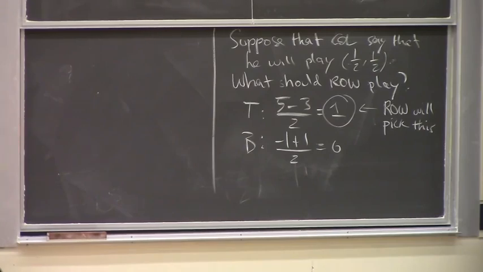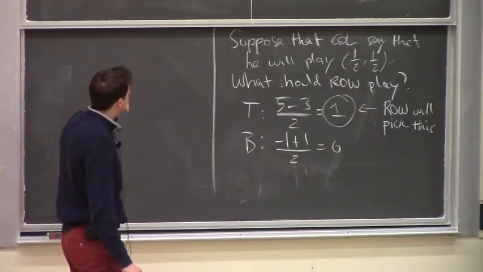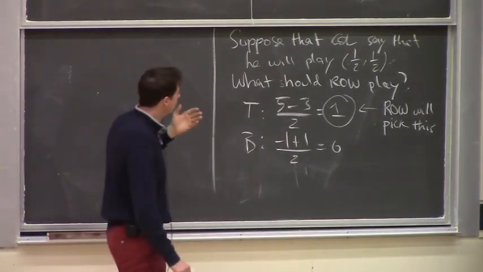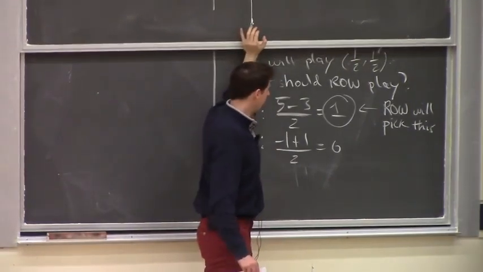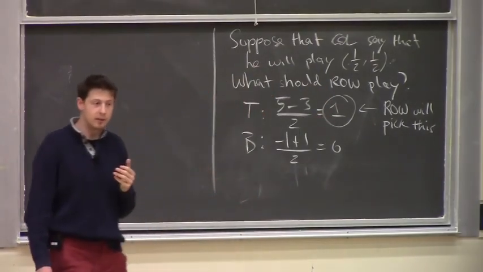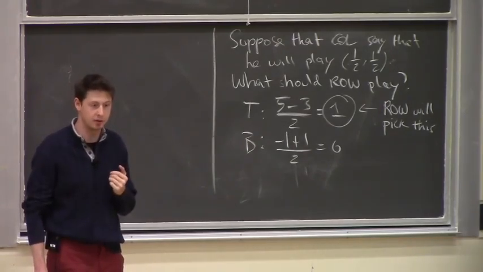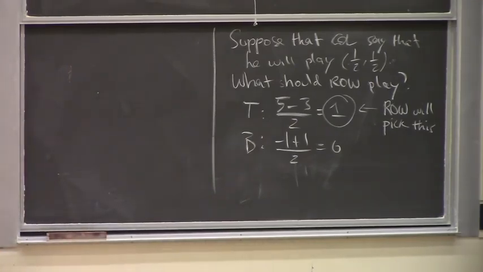Notice, if either of the players announces that they're playing randomly, the other player can force a certain utility. And these utilities are different. In one case, the utility is minus 1. In the other case, it's 1. So as is, it is not clear, this is not a proof, that playing randomly cannot be beaten by another strategy. Before, the two values met each other, so each of them was proof that the other was optimal.